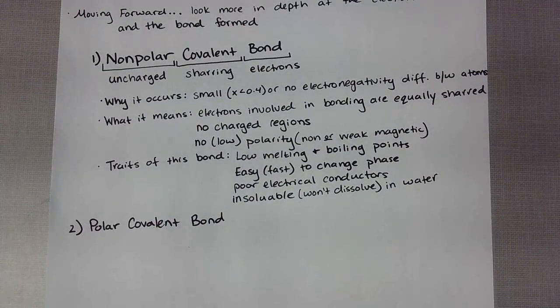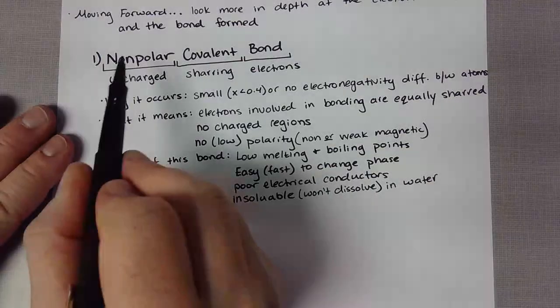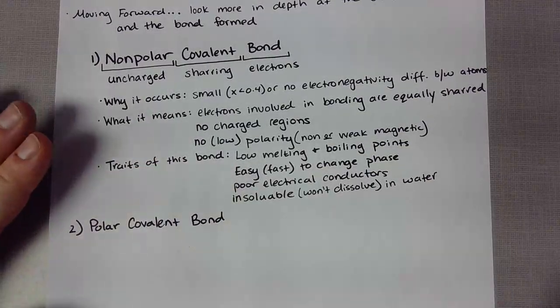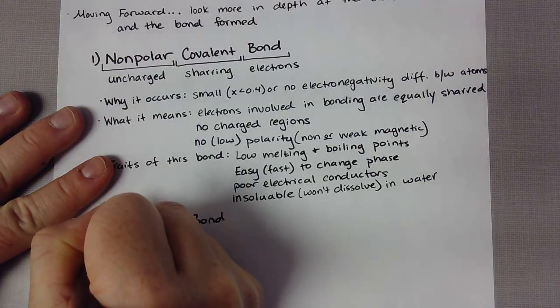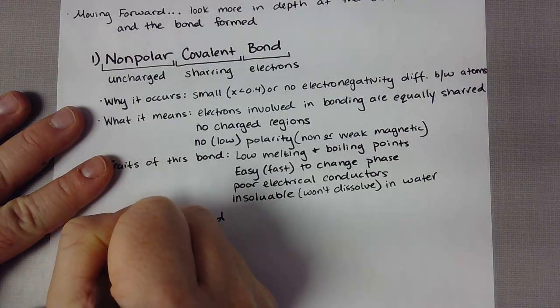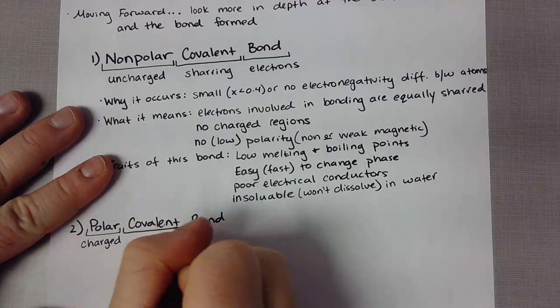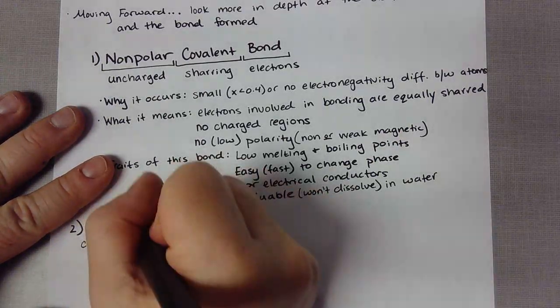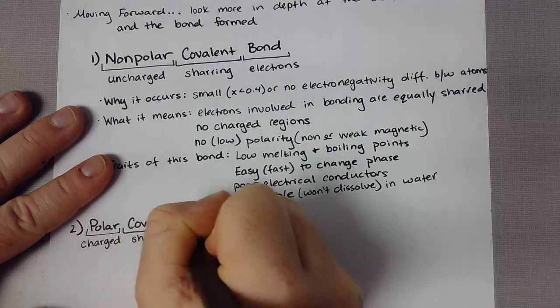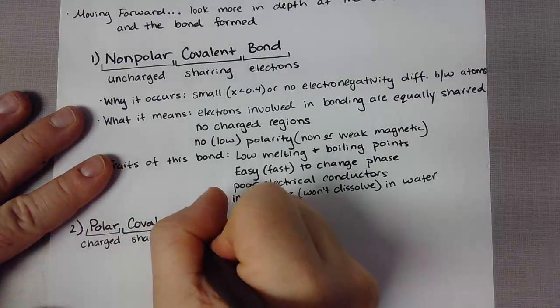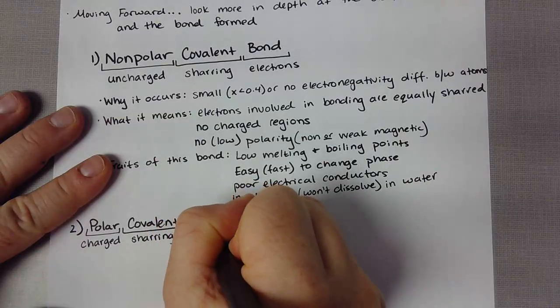Nonpolar meant uncharged, non meaning un, polar meaning charged. Just polar here, so now we're talking about a charged bond. Covalent still means sharing. Bond still means that we are referencing the movement of electrons.